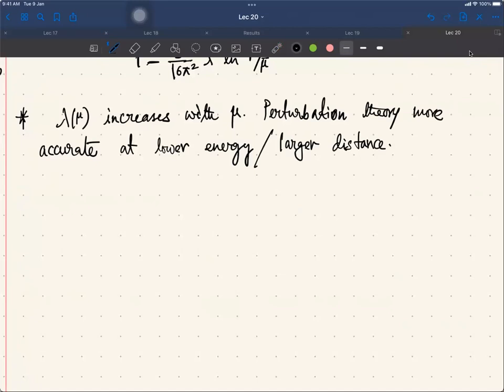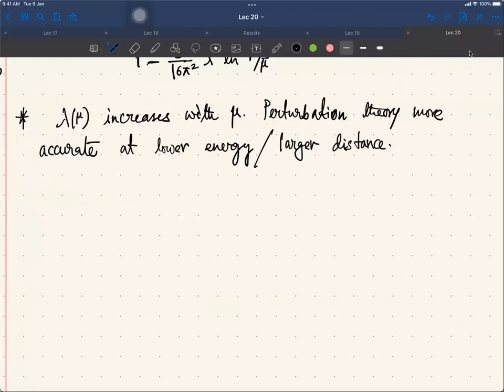But as the particles come closer to each other, they smash together, then lambda gradually increases. And if the energy with which they are smashed together is higher, that is, the scale mu is higher, then the particles will explore shorter distances where lambda will be higher. So at higher energy, the perturbation theory becomes more and more unreliable.